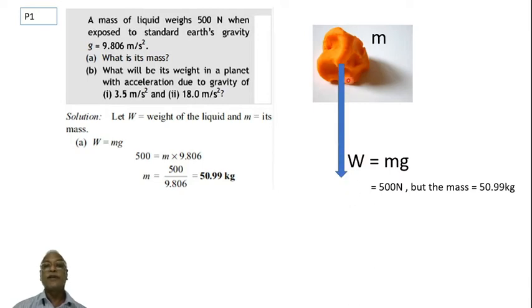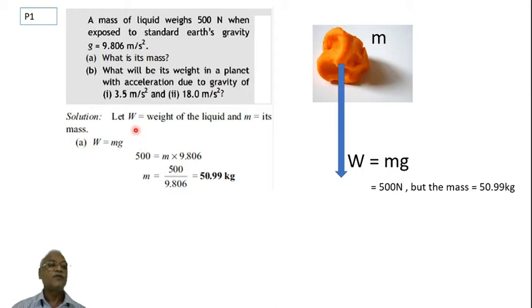You cannot keep it inclined this way or that way, but vertically downwards, and this W is equal to m into g, and it is given in the problem that it is 500 newtons, but the mass is unknown, so to calculate that we use the standard equation W equal to m into g.